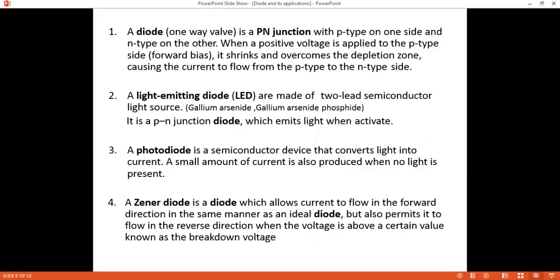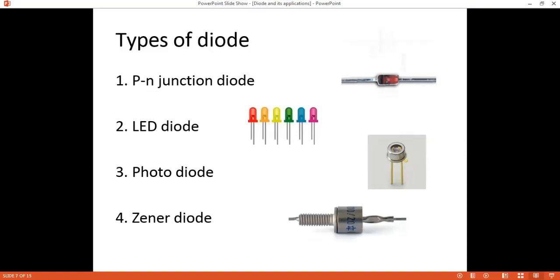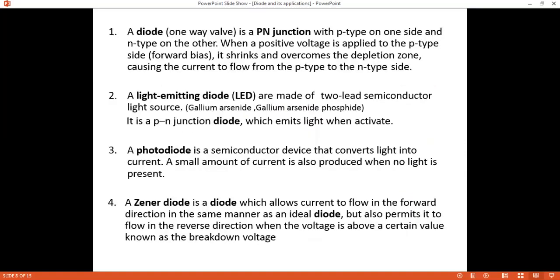So here, what is the PN junction diode? A diode, a one-way valve, is a PN junction with P-type on one side and N-type on the other. When a positive voltage is applied to the P-type side, forward bias, it shrinks and overcomes the depletion region, causing the current to flow from the P-type to the N-type side.